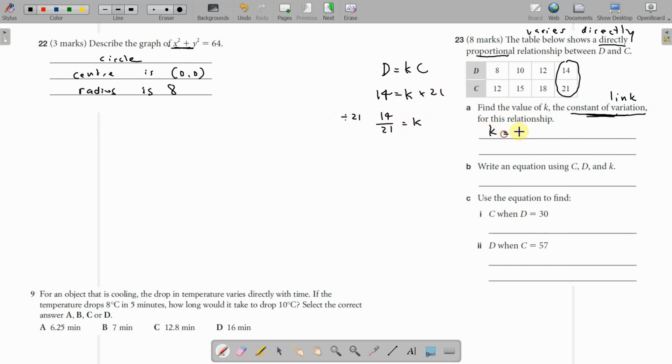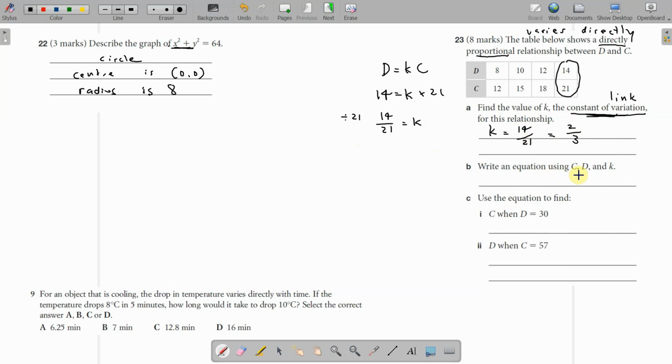K equals 14 over 21, and for the quick amongst you, you can simplify that because that's divided by 7 and says that 2/3. Same thing. Okay, so we have what k equals, 2/3.